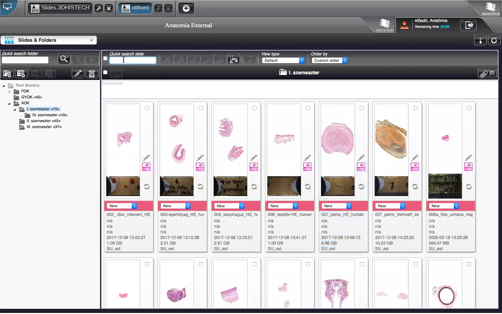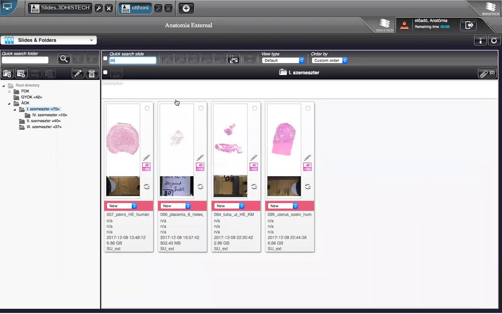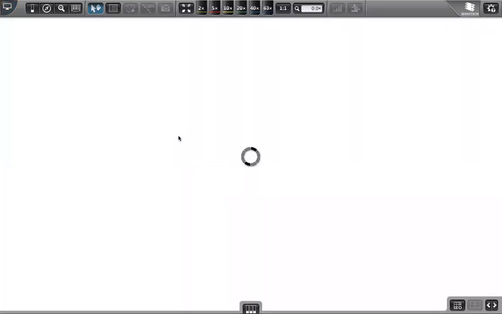Firstly, let's see the 6-week-old placenta. So we can see only the chorionic villi here.